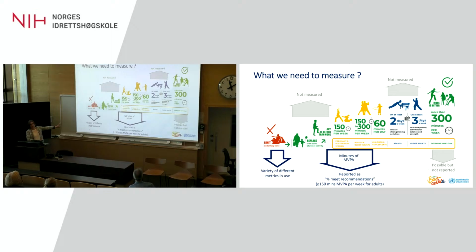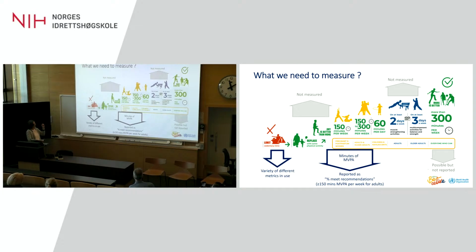But we're not actually effectively measuring how much sedentary time people have. And I think we've seen really good data that people are not very good at estimating how much time they've been sitting. We're not measuring some of those important bits, particularly for the least active, of how you might be doing some, but maybe you're not reaching that 150. We're completely not reporting anything on that at all.